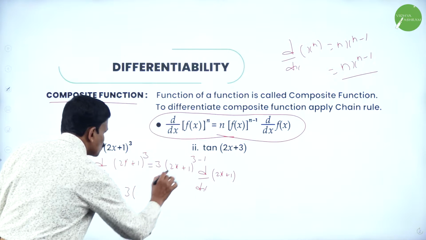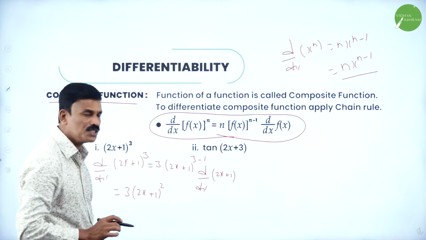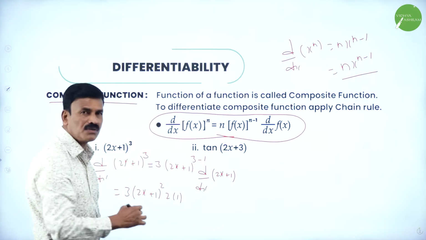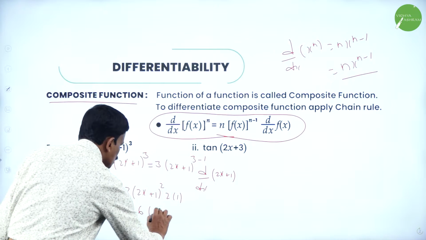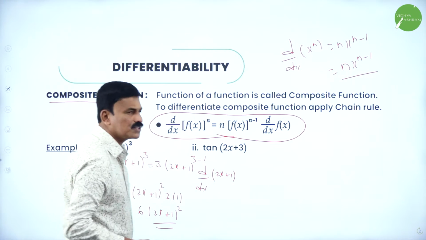So, this is 3 into 2x plus 1 whole to the power of 3 minus 1 is 2, into 2 times differentiation of x is 1 plus 1 constant 0. So, multiply this 2 into 3, 6 times 2x plus 1 whole square is the derivative of this function.